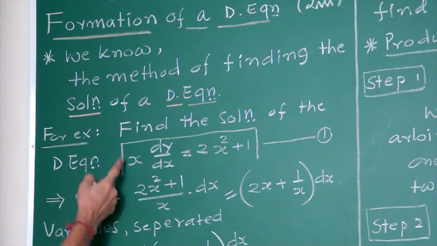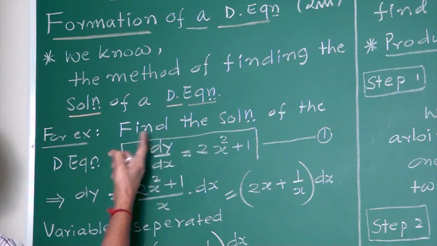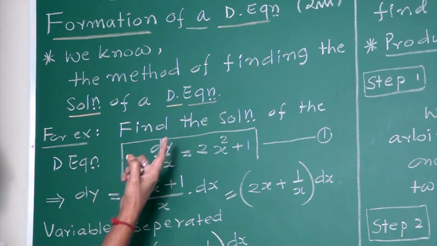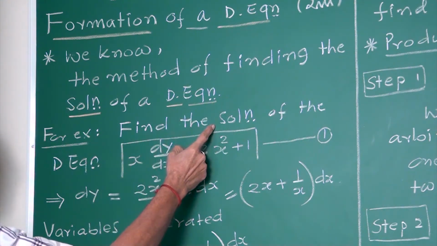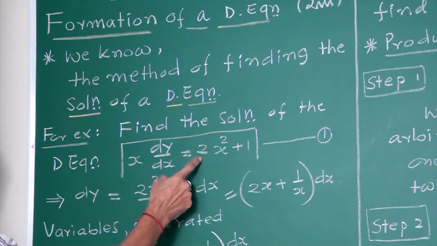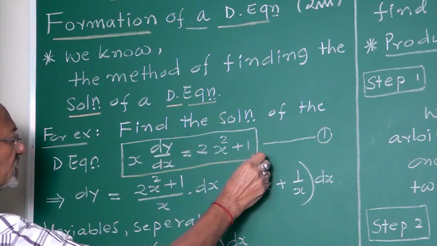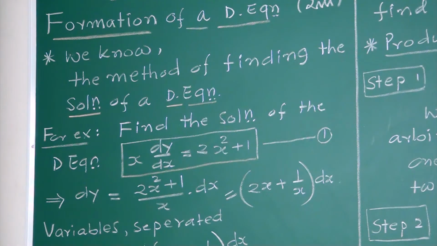For example, just one example I have taken. Find the solution, otherwise solve the equation, or find the general solution, anything. General solution of the differential equation x into dy by dx equal to 2x square plus 1. This is the given differential equation, my friends. We want to find its solution.